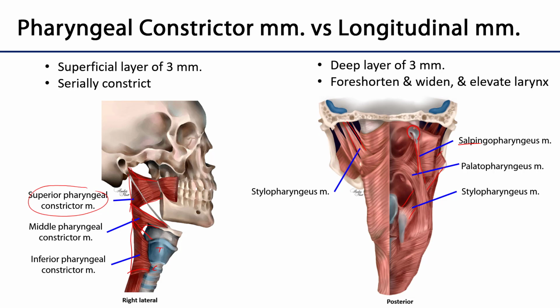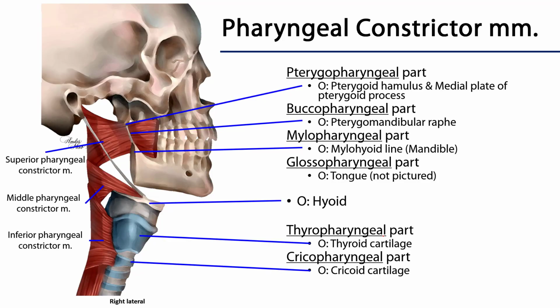And palatopharyngeus originates from the bony plate and soft palate. And salpingopharyngeus and palatopharyngeal fibers blend together on their way down to the wall of the pharynx and the thyroid cartilage there, but we'll see that in greater detail in just a bit. First, let's start with those pharyngeal constrictor muscles.